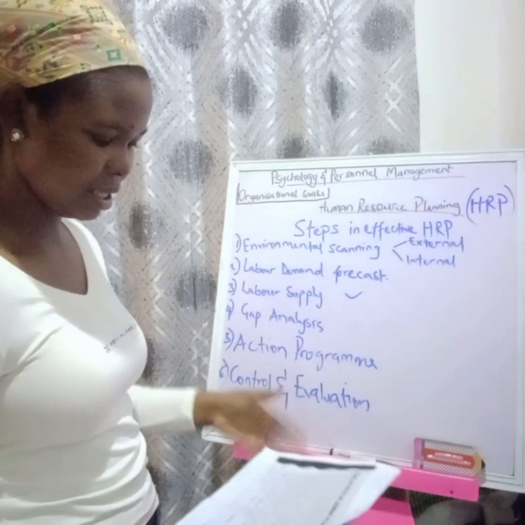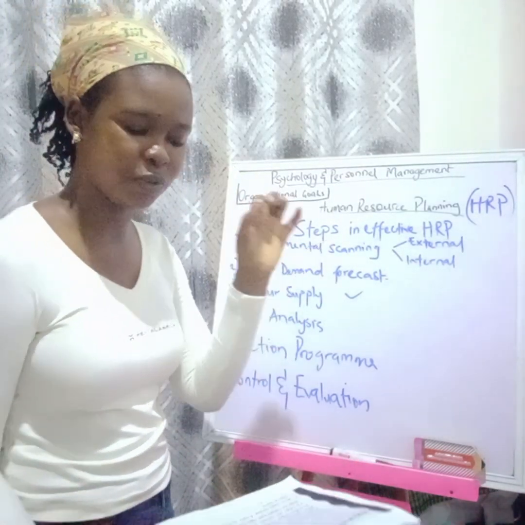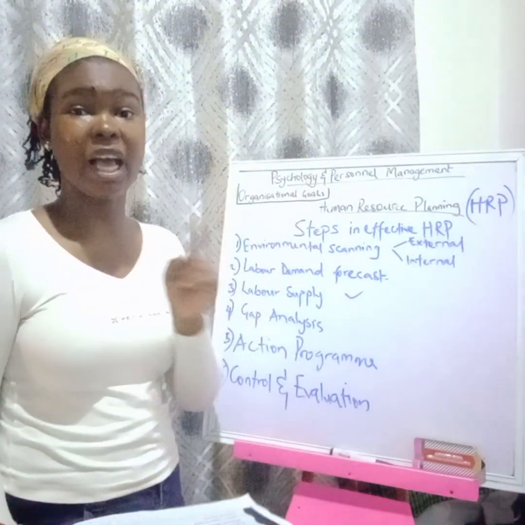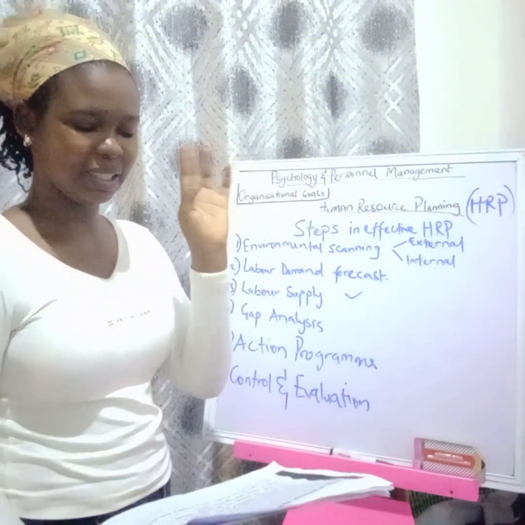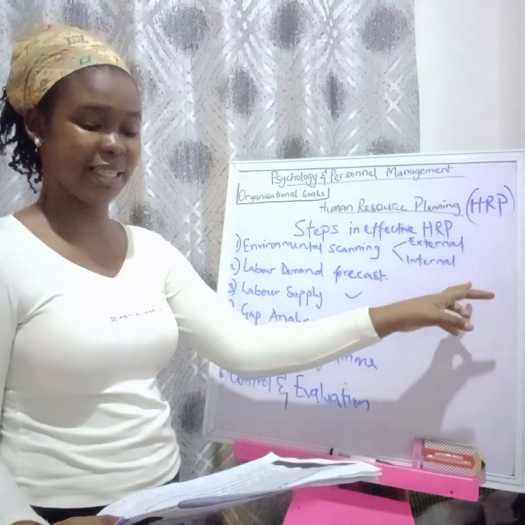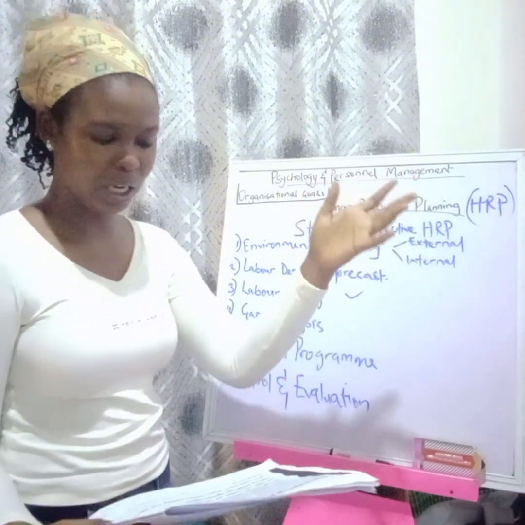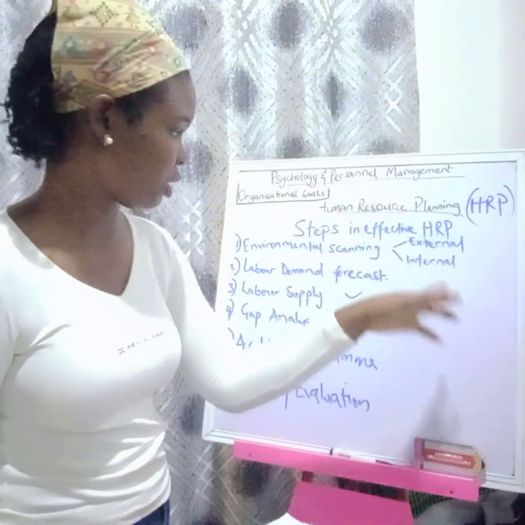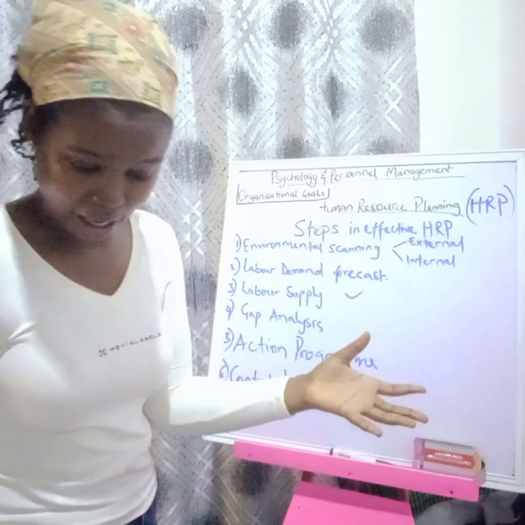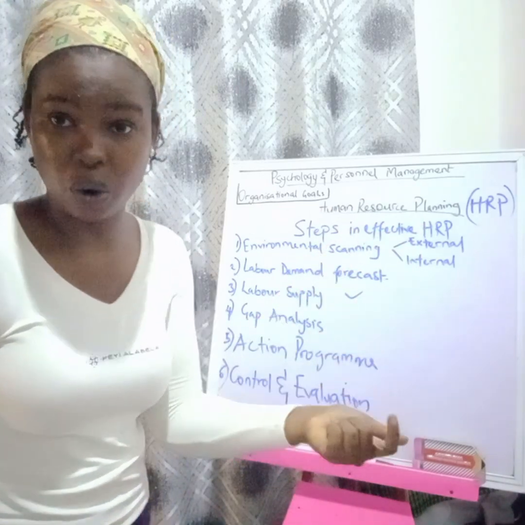Have in mind that this identifies and anticipates sources of threats and opportunities. The way you are looking out for threats is the way you are looking out for opportunities. And this scanning is in 2 parts: the external environment and then the internal environment. External environment deals with laws, regulations, and your competitors, while the internal, like in-house environment, includes strategy, the tech you want to use, and your organizational culture.